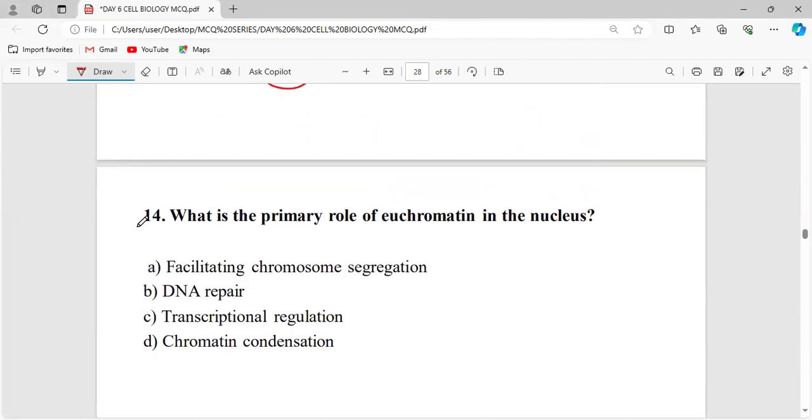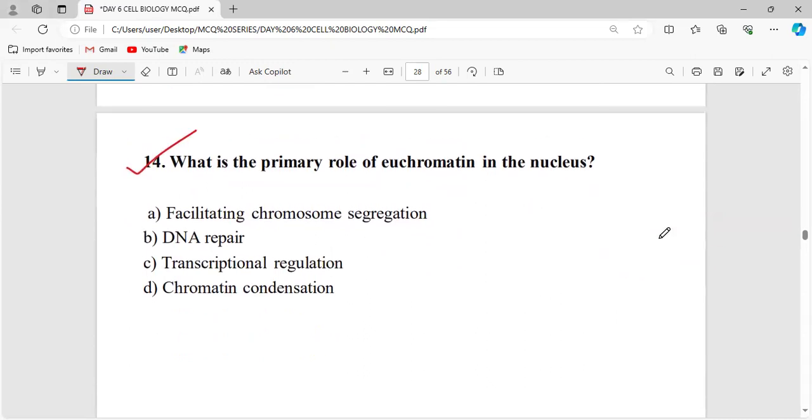Okay. Now, what is the primary role of euchromatin in the nucleus? For heterochromatin, the primary role is chromosome segregation inside the nucleus. And in euchromatin, what will be the primary role in the nucleus?